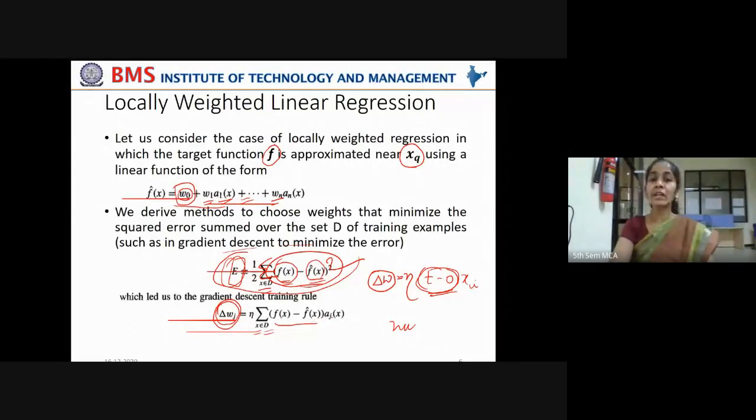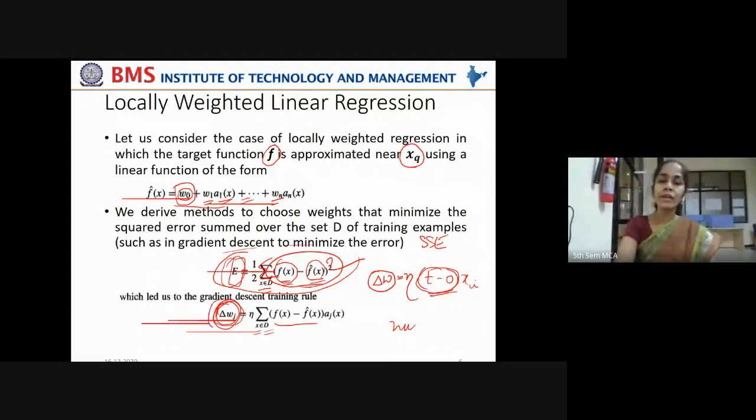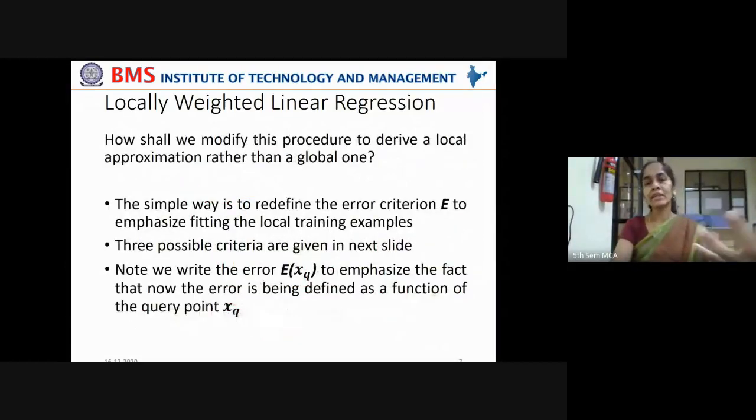And what is the input here? You are trying to consider each and every attribute, so you are using aj of x. This is how the weight adjustment has to be calculated in order to reduce the prediction error, or in order to reduce the sum squared error, SSE. Say the weight is 1, and that gives a prediction error.